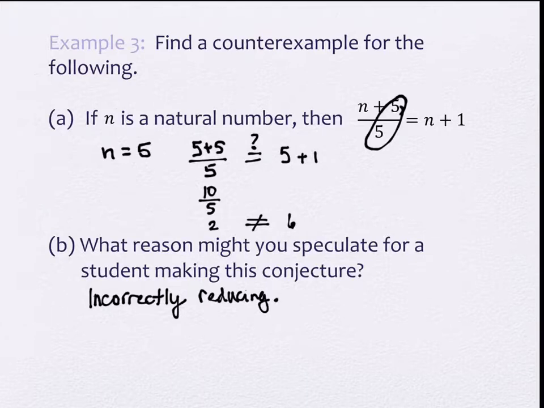You can think of it as ignoring that they never divided n by 5, right? They don't divide n by 5. One of the things Michaela mentioned is that they're treating it like it's multiplied, right?